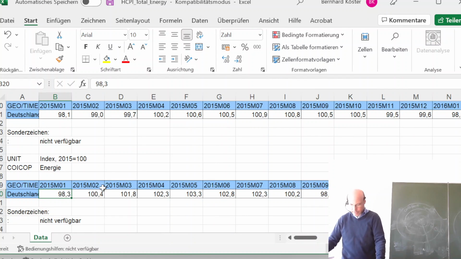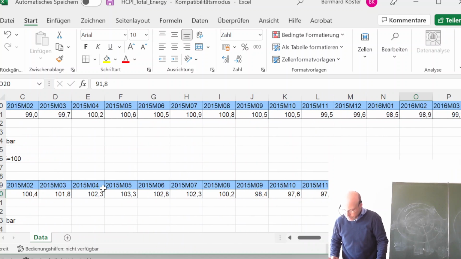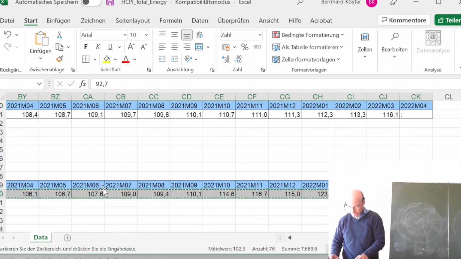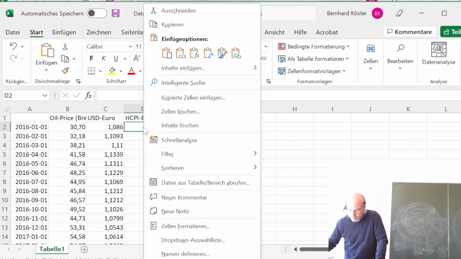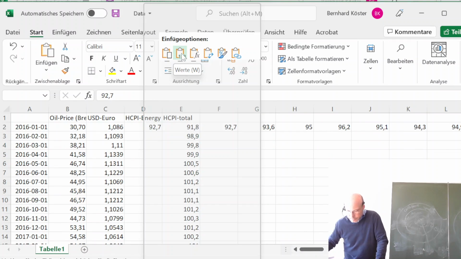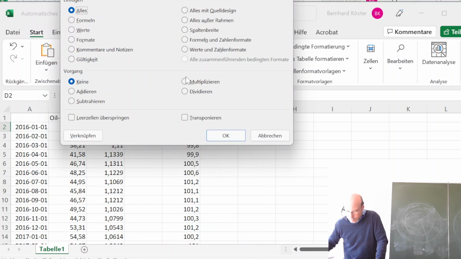Yeah. Energy also starting 2016 January, and also transpose.